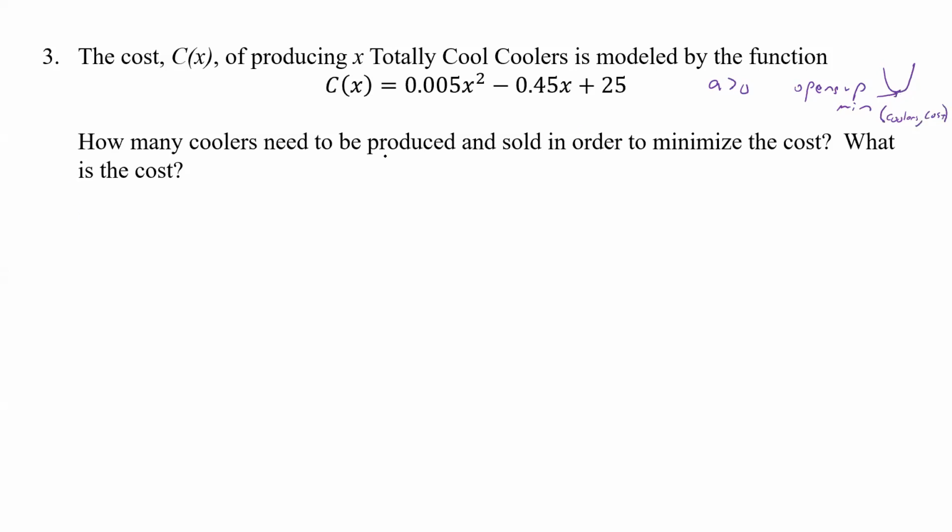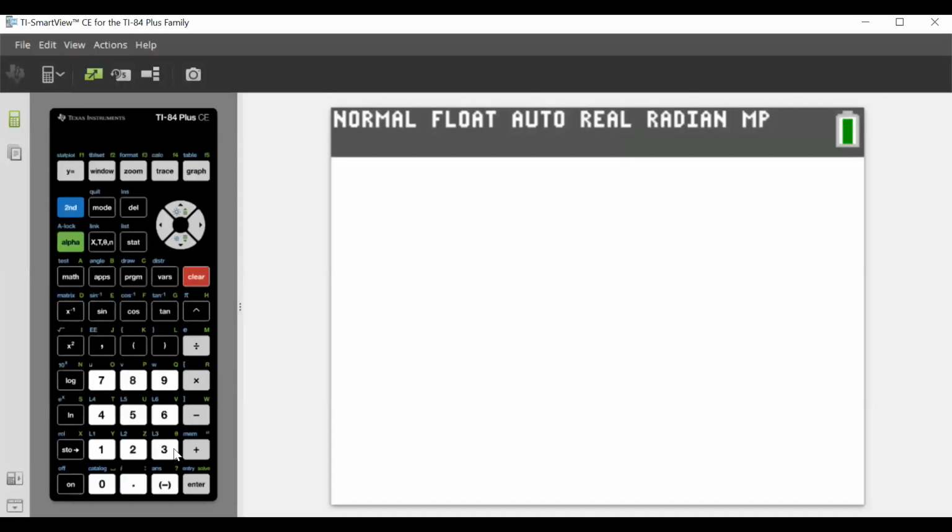And so we still have to calculate and find our vertex. So we're going to say minus b, which is a minus 0.45, divided by 2 times a, which is 0.005. And so that's going to equal, well, if we go back to our calculator, let's clear that. We have minus and minus is going to be plus.